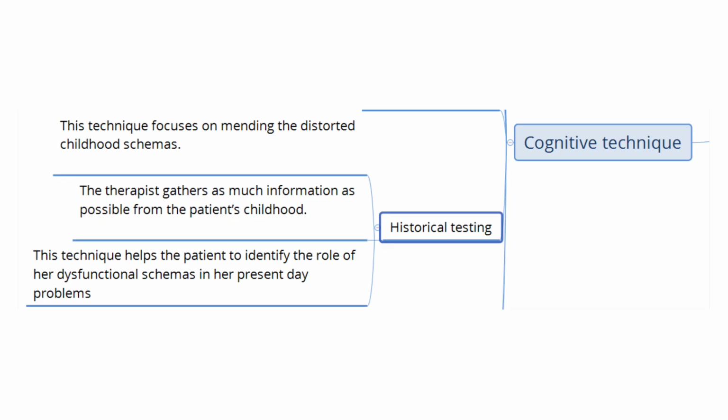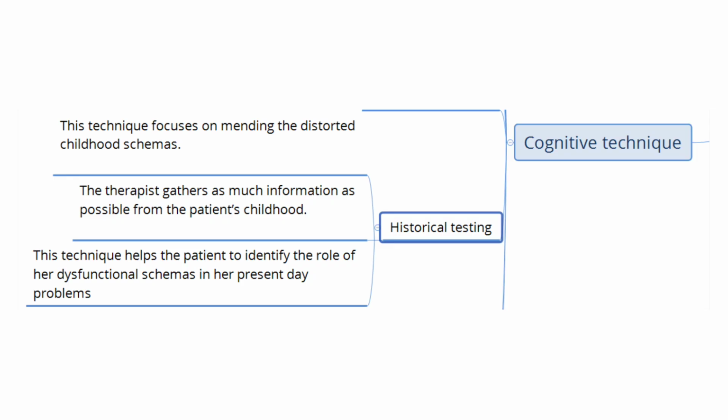It is generally found that the other individuals in the patient's environment knew that there was something wrong in the family, but they never intervened. This is very helpful in creating a more positive self-image for the patient.